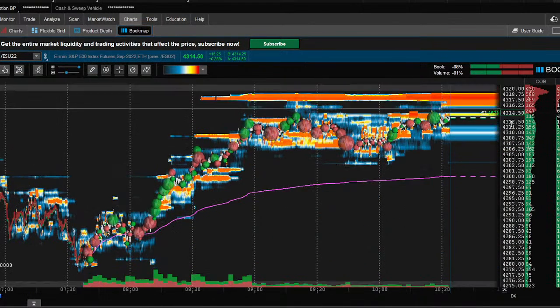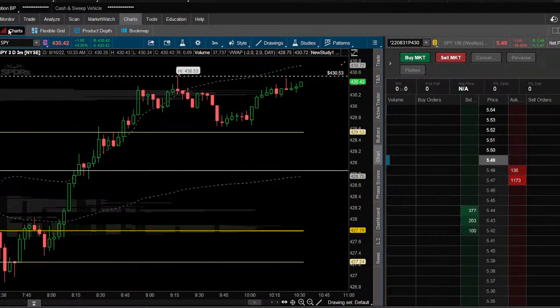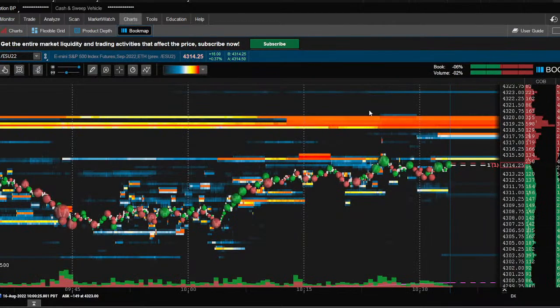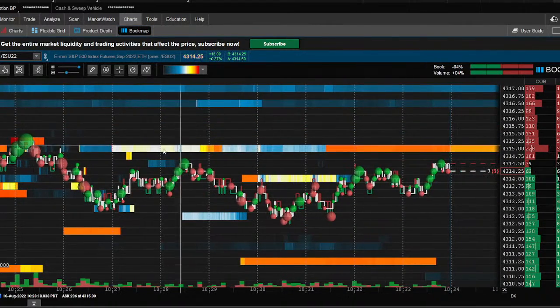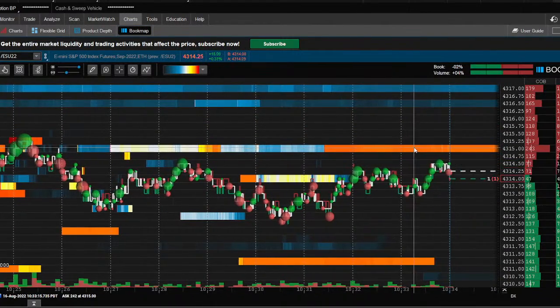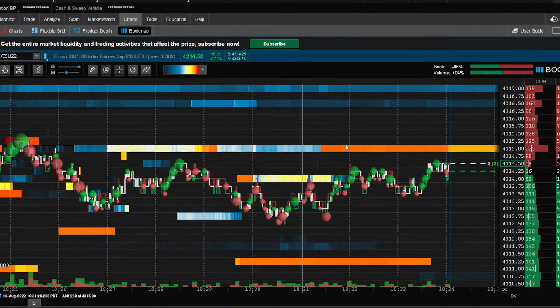Just remember, there's liquidity here, so the ES could actually potentially break out here. So now someone added something in the book here. This wasn't there. At 43.15, there was nothing there, and now they added an order.